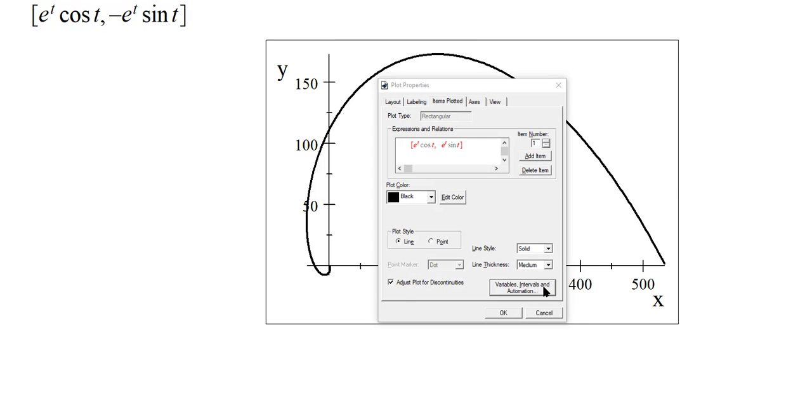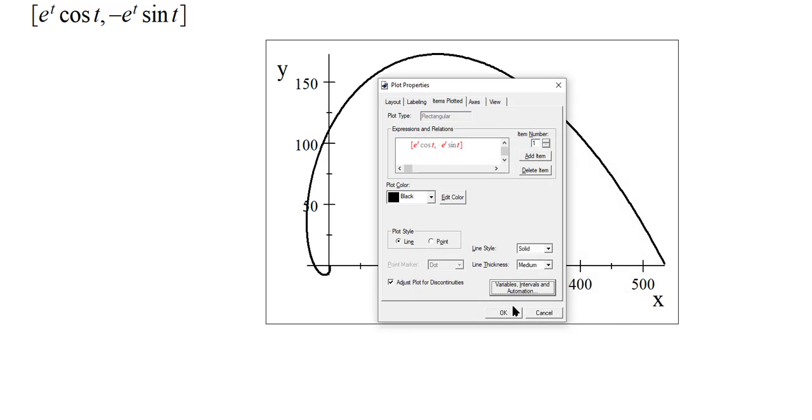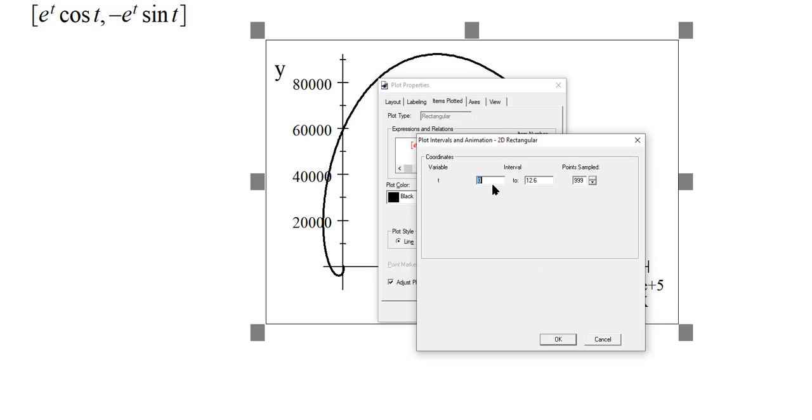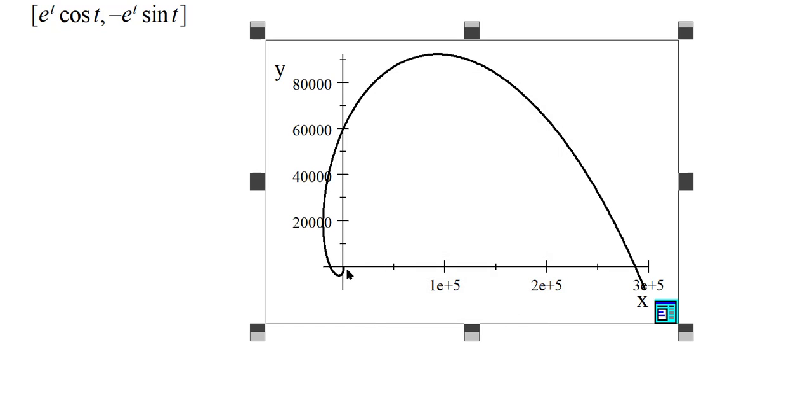Or if we go from, say, 0 to 4 pi approximately, again it starts at 1, 0 and goes down here, because I went slightly more than 2 pi. Or say we go from 2 pi to approximately 4 pi, then you can see it's starting here at 500 some and ending up here.